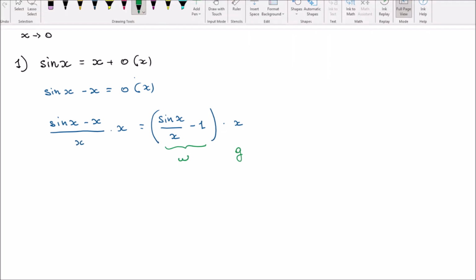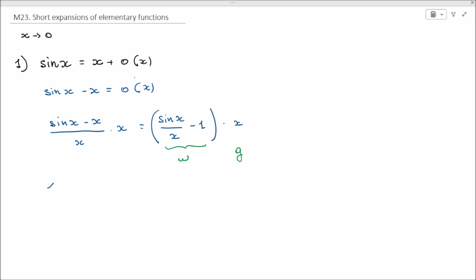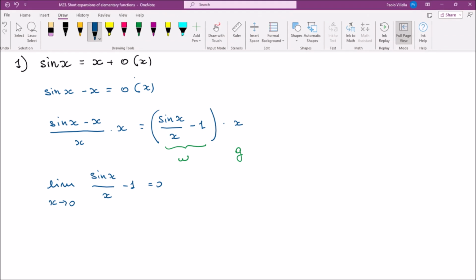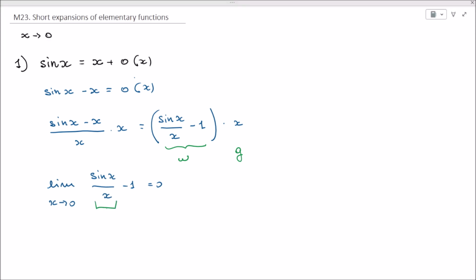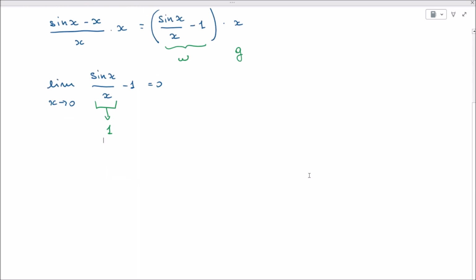So we need now to prove that the limit as x goes to 0 of sine of x divided by x minus 1 is equal to 0, which is obvious since this is a fundamental limit that will tend to 1. Okay, so first expansion proved.